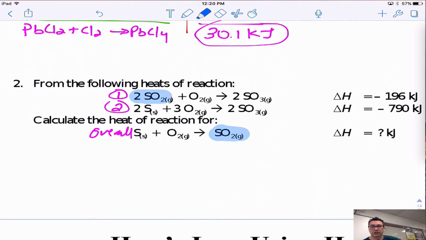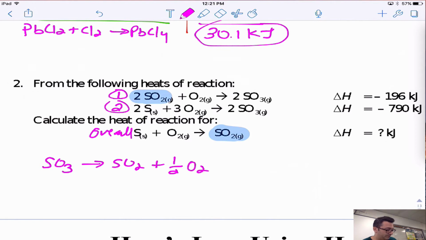So for that first reaction, I need to do two things: I need to flip it and halve it. For the first reaction, it becomes SO3 yields SO2 plus 1/2 O2, and our value is going to be positive 196, because I flipped it, divided by 2.